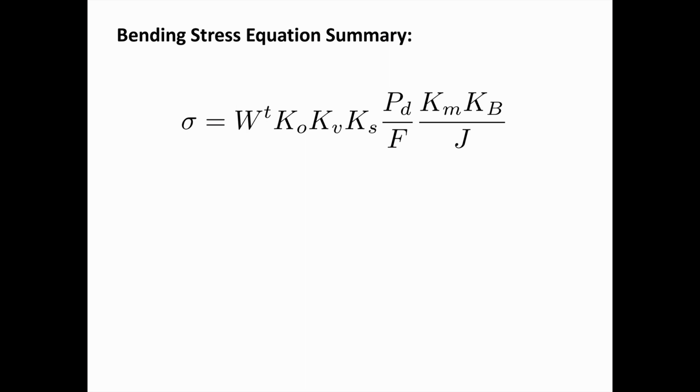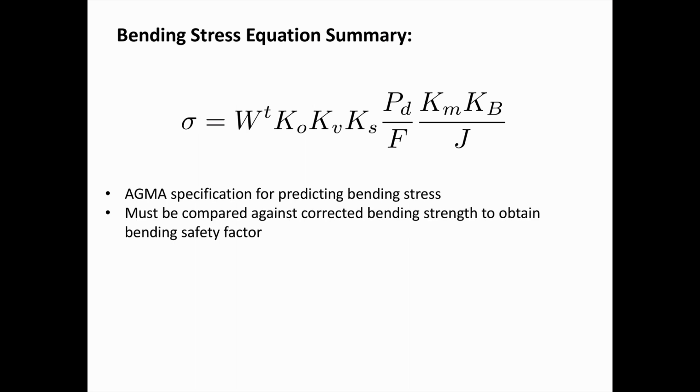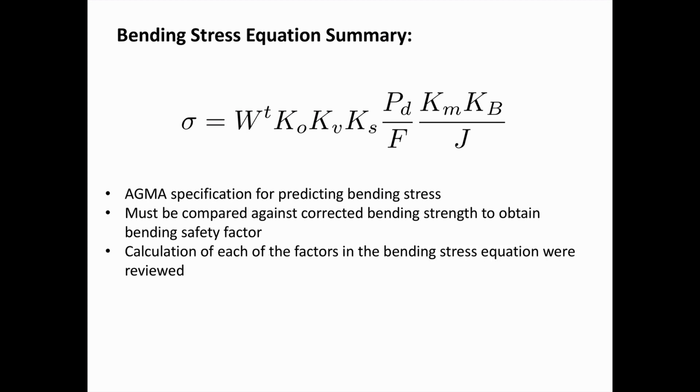Back to the bending stress equation. In summary, we looked at this AGMA specification for predicting bending stress, and this needs to be compared against what's called the corrected bending strength to obtain the bending safety factor. And we reviewed how to calculate each one of these factors in this bending stress equation.